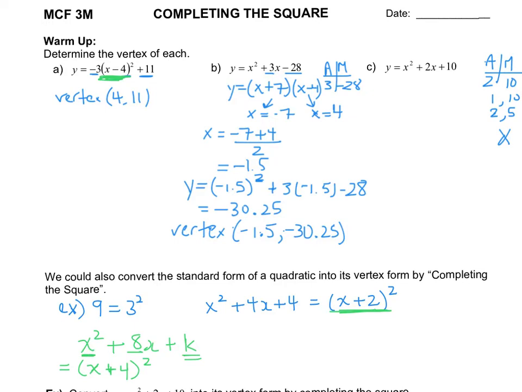If I square the last, that would mean k would have to equal 16 because 4 squared is 16. And if I take double the product, if I take x times 4, I get 4x. I double it, I get the 8x. So that was a process called completing the square, which we're going to use here.